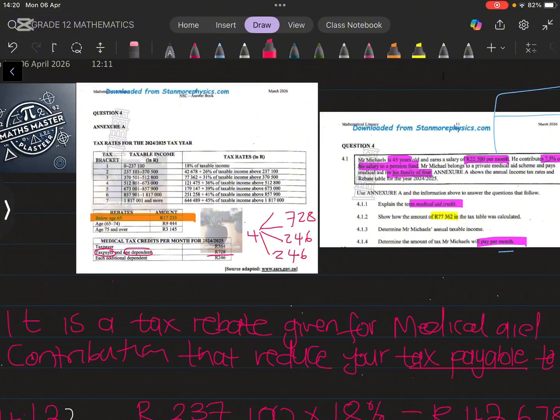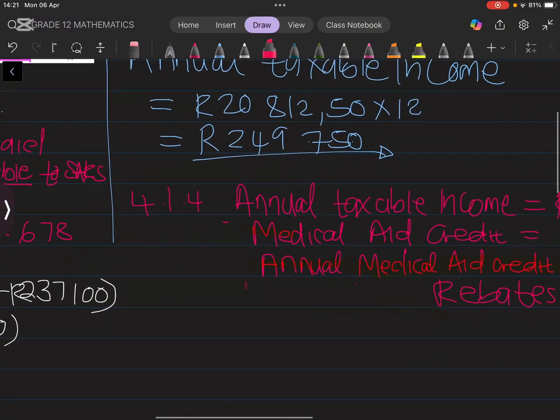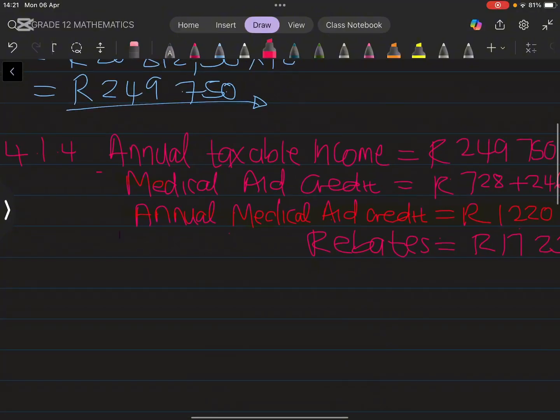Okay, we are now on our tax bracket, and we need to check in which bracket we can find 249. Then we're going to use that bracket to calculate our tax.